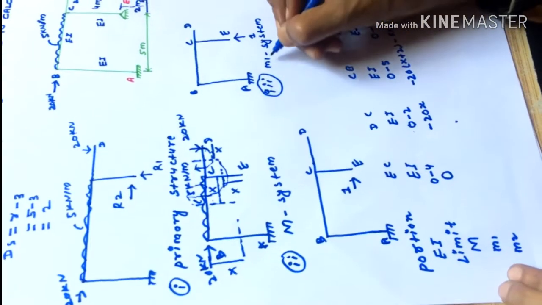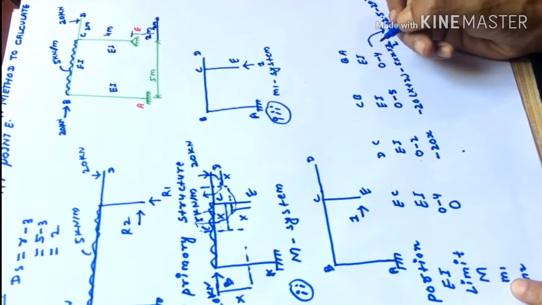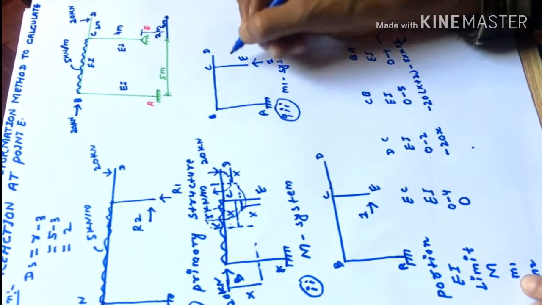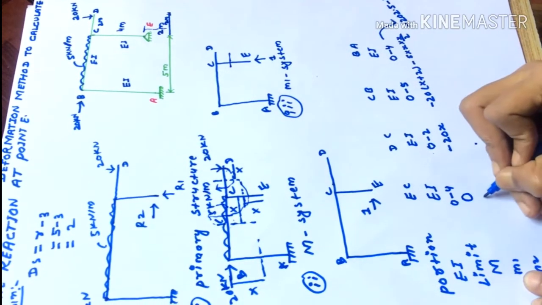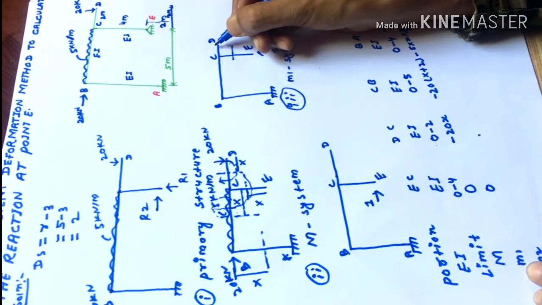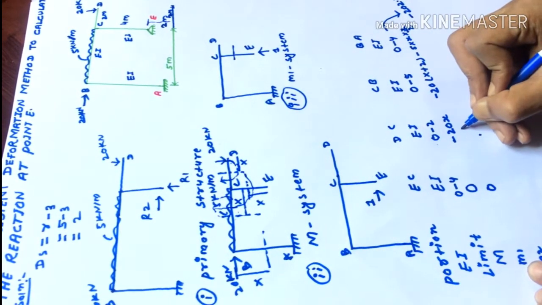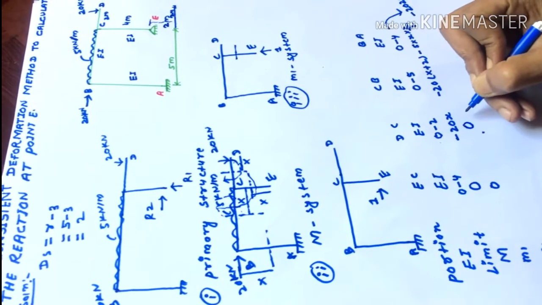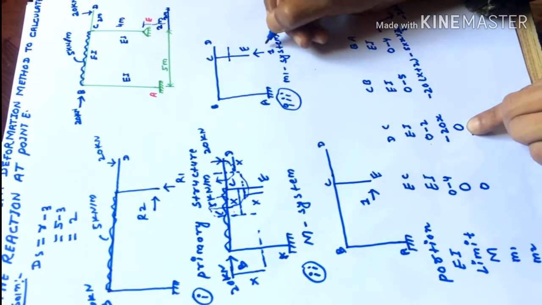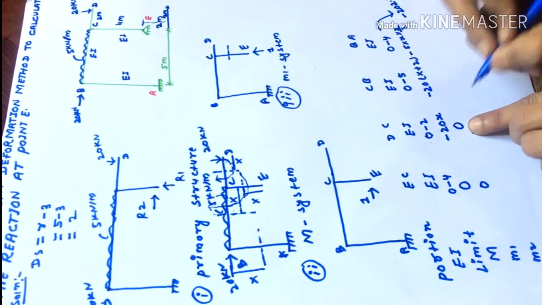Let us analyze the M1 system. In the M1 system, in portion EC we can see there is no force, so M1 is 0. For portion CD we see there is no force, so for portion DC M1 is 0. M1, that is the moment due to unit load applied in the direction of R1, is 0.